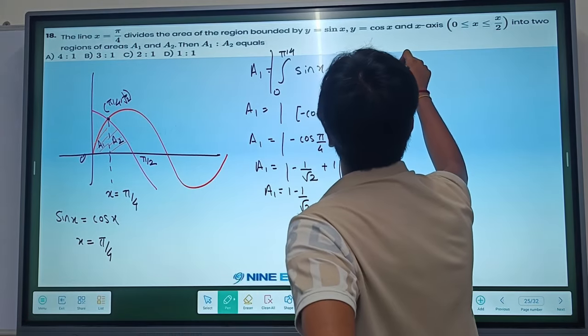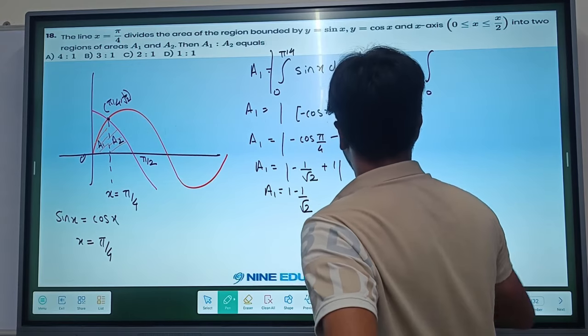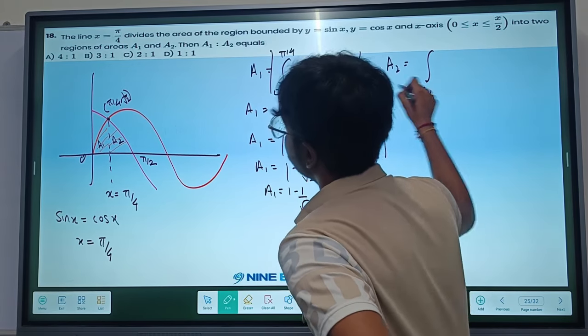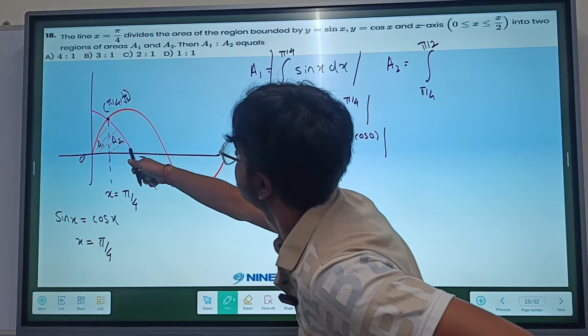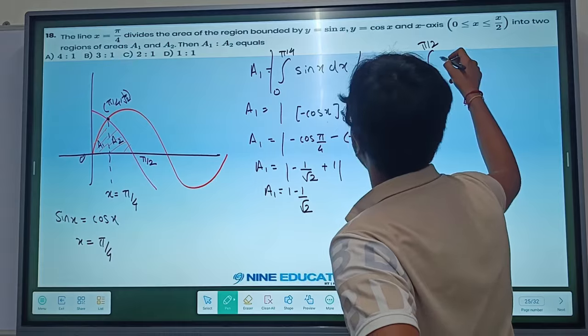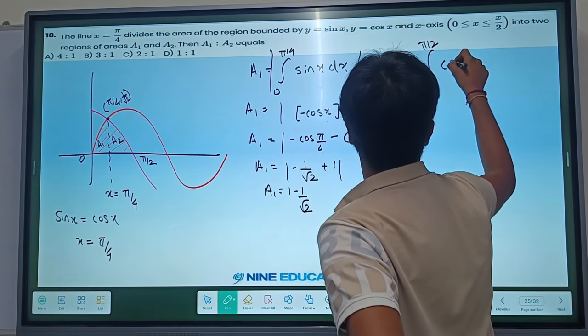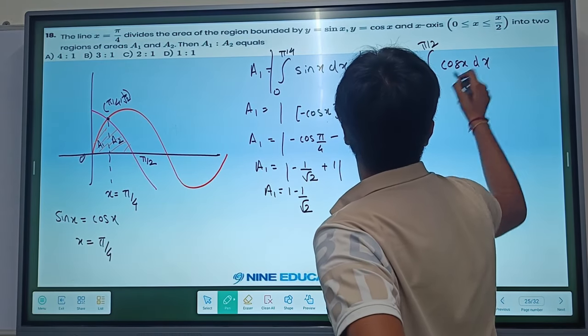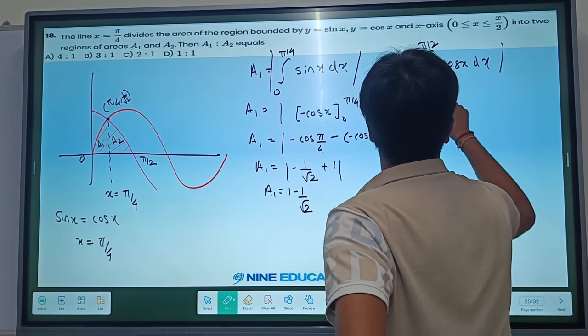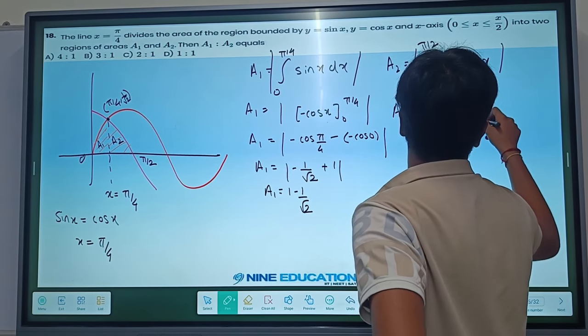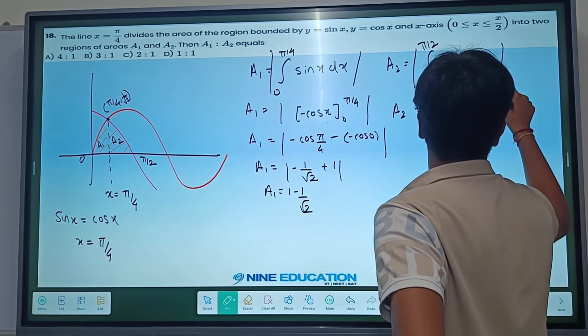And A2 goes from pi by 4 to pi by 2, because I need it with the x axis only, and it is with the pink curve, which is cos x dx. Integration of cos x with a mod is sin x from pi by 4 to pi by 2.